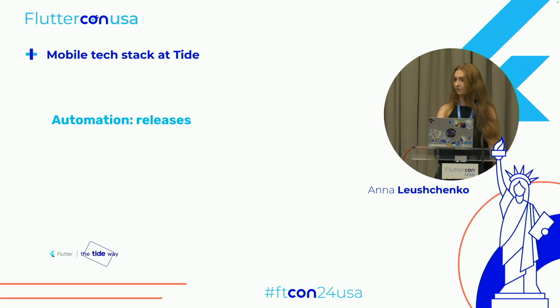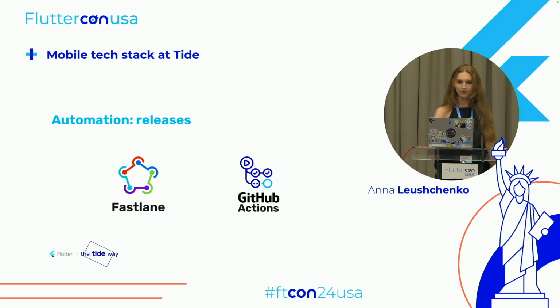And staying on the automation topic, we also need to talk about the release process. First of all, we have implemented the possibility to create ad hoc builds from any branch for any environment, like VIP or staging, or for any flavor, because we do build applications differently for UK, India, and Germany. So for that, once again, we're using GitHub Actions, this time in combination with Fastlane scripts.